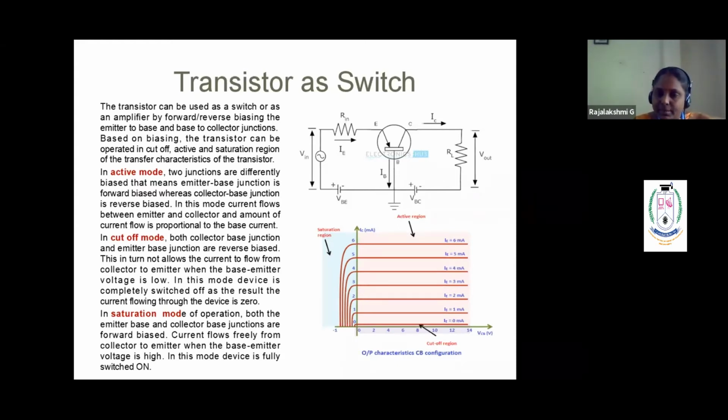As the emitter current is increased, as you increase the VCB voltage, you can see the curve shifting to the upper side, right? That is called the saturation region, where both the junctions are forward biased. So three conditions only: either input is forward and output is reverse, or both are reverse, or both are forward. This is the point you have to note when the transistor is acting as a switch.